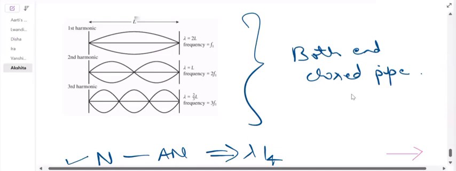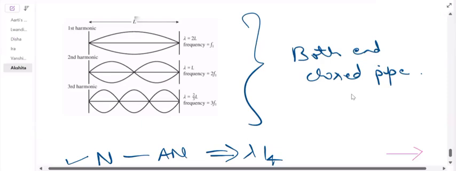So basically what happens here, Akshita, is all the wind instruments that we have, like flute, clarinet, trumpets, church organs, they all use standing wave patterns. The main difference between these instruments is the way the air is made to vibrate inside.